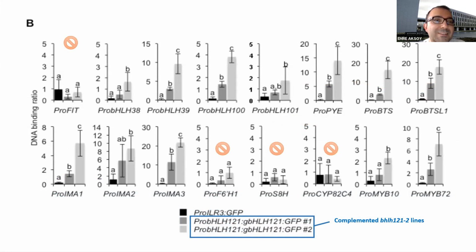So bottom line was that even if there is interaction between the two transcription factors or activation of one another, it really doesn't matter, because the entire system is messed up in the mutant. Therefore, that messing up with the amount of the iron in the plant is affecting the expression. So it is not because of the binding or not binding of the BHLH121, it is just the amount of the iron affecting the expression level.